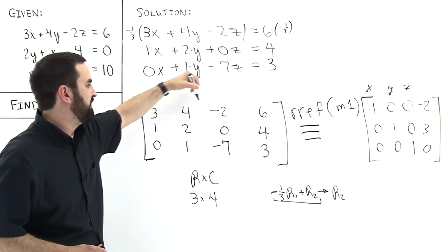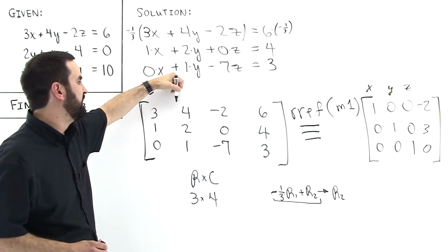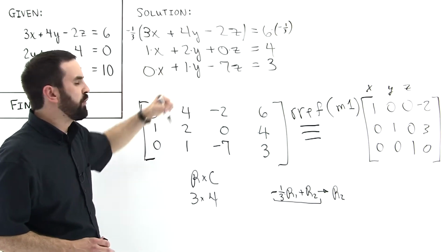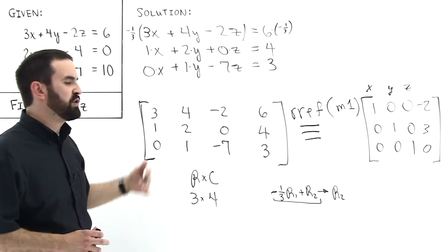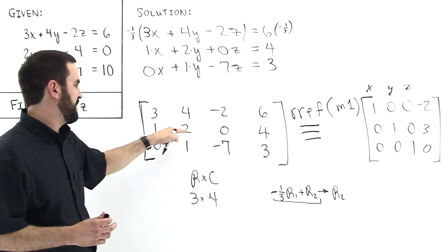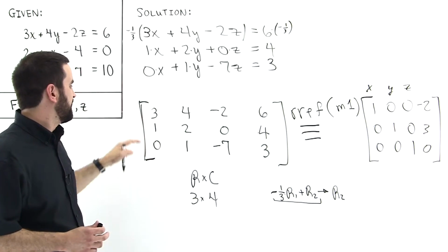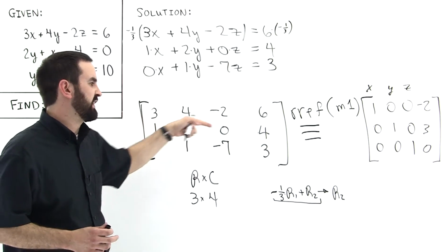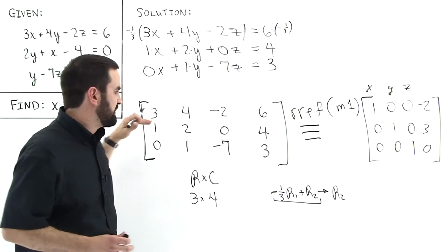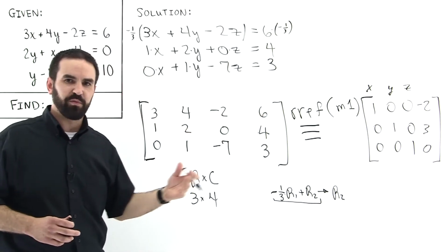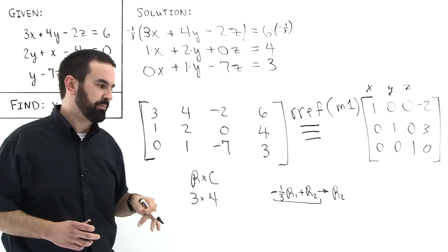But then you do that for every entry in the matrix. So negative 1/3 times 4 is negative 4/3 plus 2 gives positive 2/3. So you'd have a positive 2/3 right here, as you perform the row operation on every column.